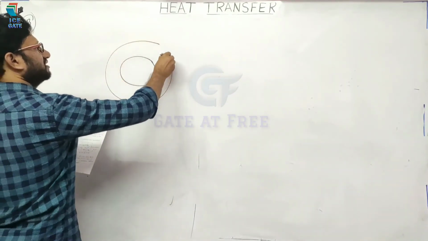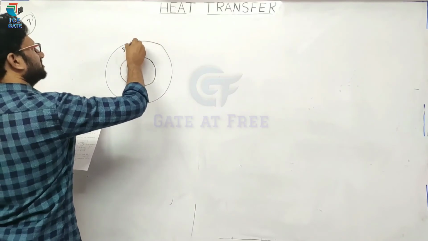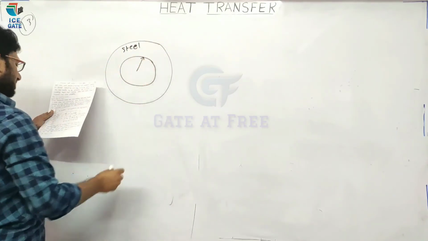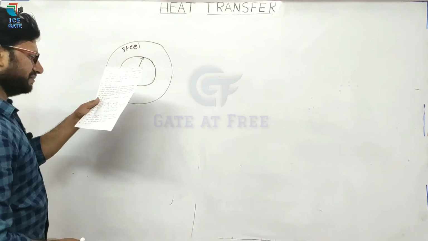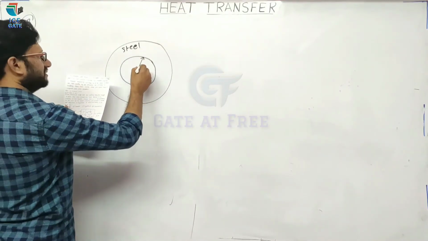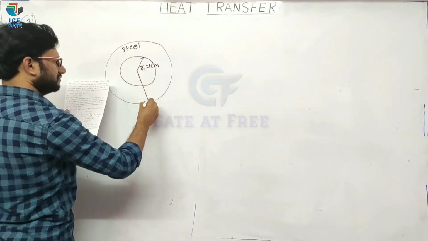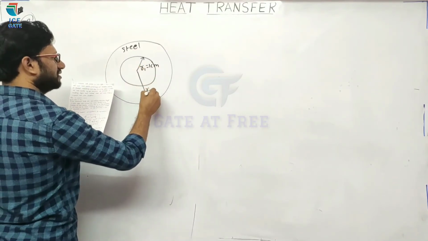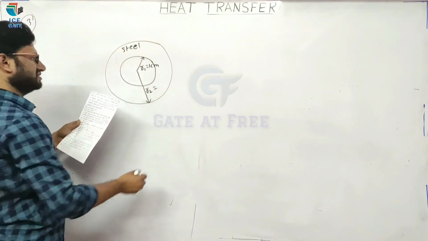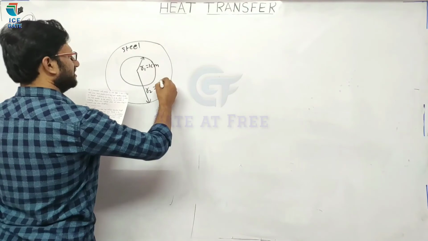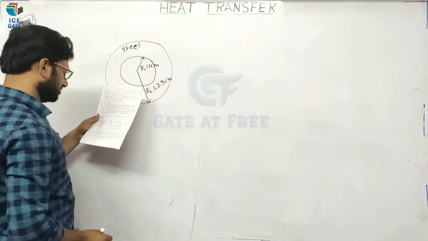Now it is a stainless steel tube. The inner diameter is 2 centimeter, therefore R1, the inner radius, is 1 centimeter, and the outer diameter is given as 5 centimeter, so the radius is 2.5 centimeter.